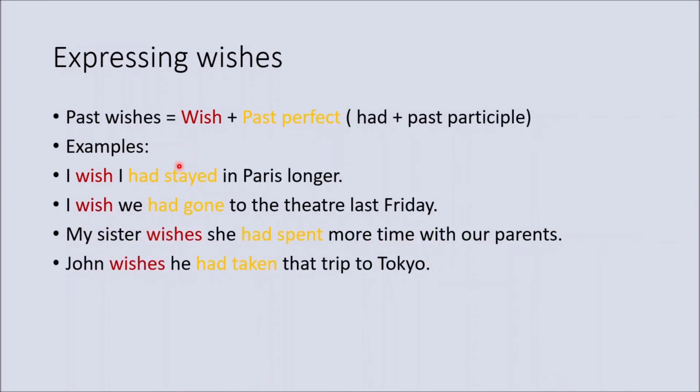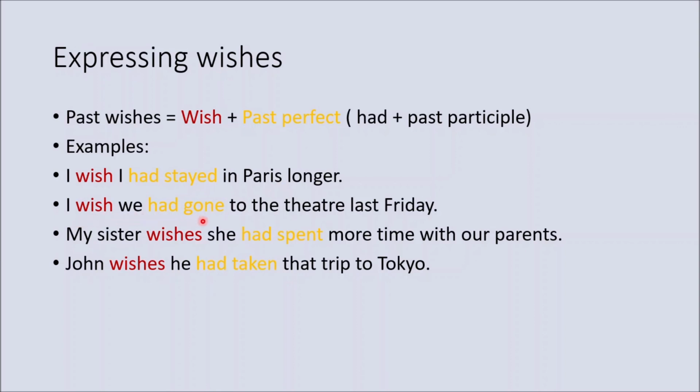If we are expressing a past wish, we combine wish with past perfect. Let's remember, past perfect has the auxiliary had and the past participle of the main verb. As you see in the examples below, I wish I had stayed in Paris longer. This is a past wish, or a regret.